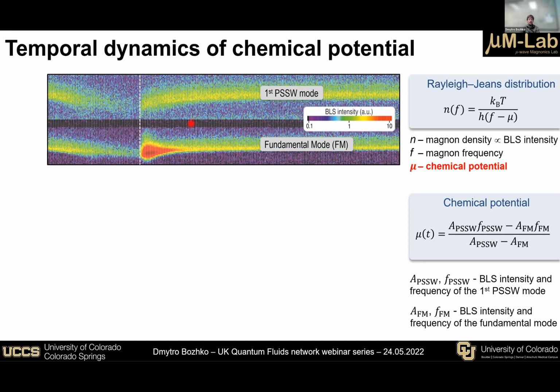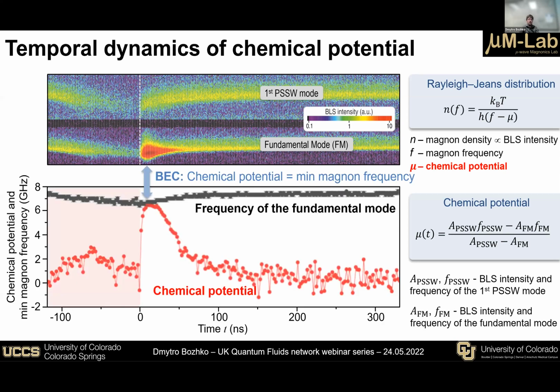We can use the higher-order modes to get the chemical potential of the system by comparing the population at the bottom and that mode. Using that method, we were able to extract the chemical potential, and indeed confirm that the chemical potential touches the frequency of the bottom of the spin wave spectrum at the time of the appearance of the peak at the bottom. So this is indeed the magnon Bose-Einstein condensate achieved by rapid cooling.